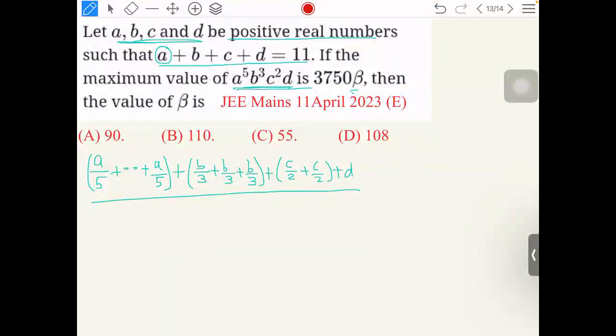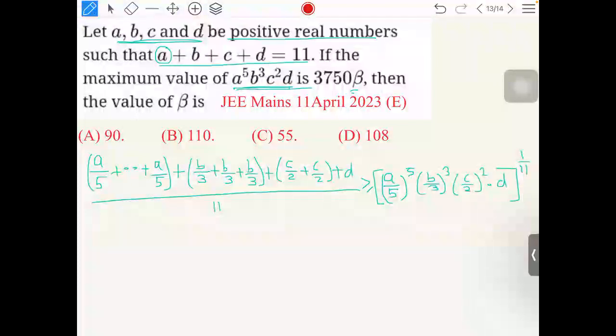5 plus 3, 8 plus 2, 10 plus 1, 11, is more than equal to the 11th root of the product of all these numbers: a by 5 raised to 5, b by 3 raised to 3, c by 2 raised to 2 into d.